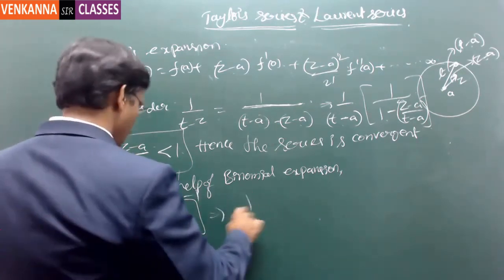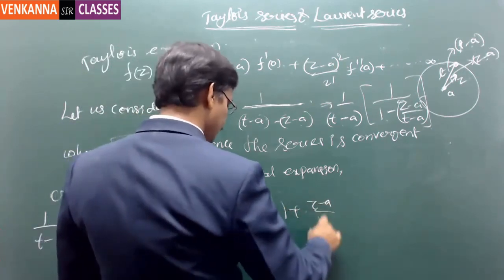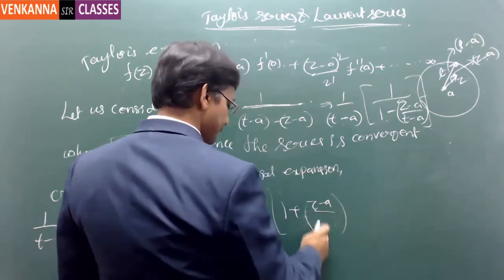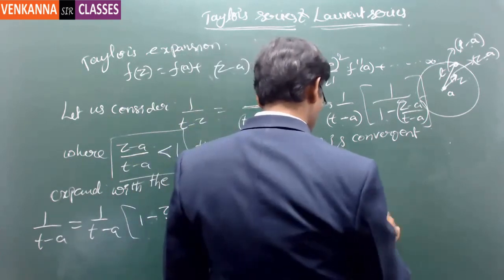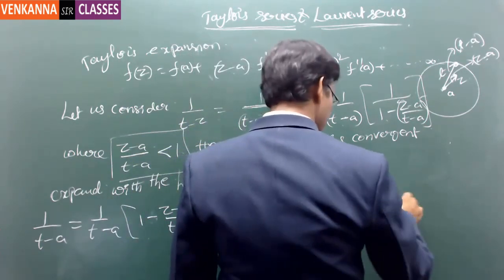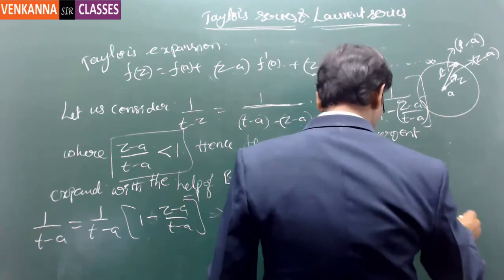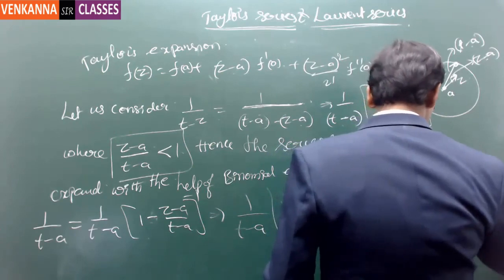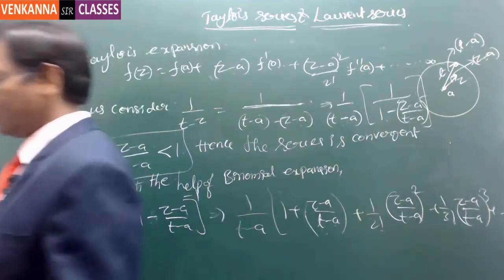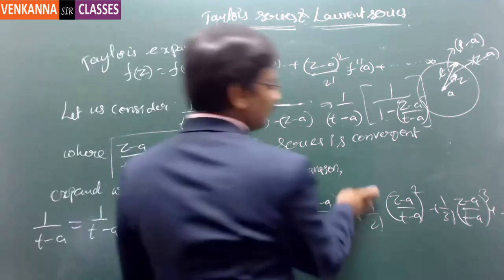This you can expand as 1 by t minus a into 1 plus z minus a by t minus a plus z minus a by t minus a whole square plus z minus a by t minus a whole cube plus and so on up to infinity. Sorry, the factorials are not there for the binomial expansion.